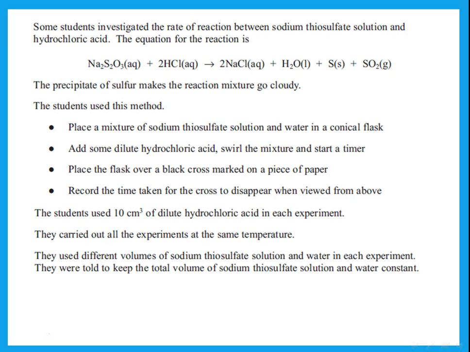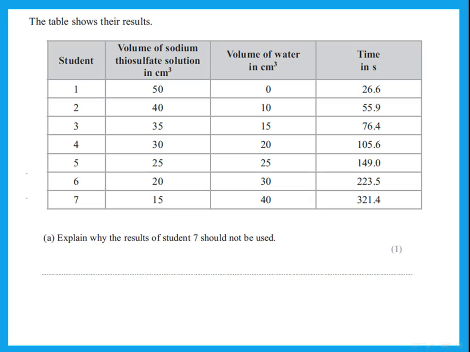They were told to keep the total volume of sodium thiosulfate solution and water constant, because in order to check when the X disappears and compare them to each other, the total volume of solution in the flask should be the same, so that should not be a factor that changes.